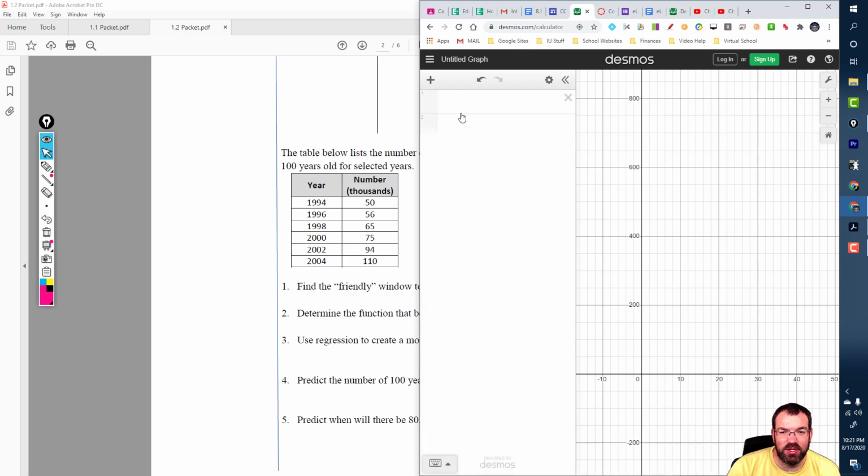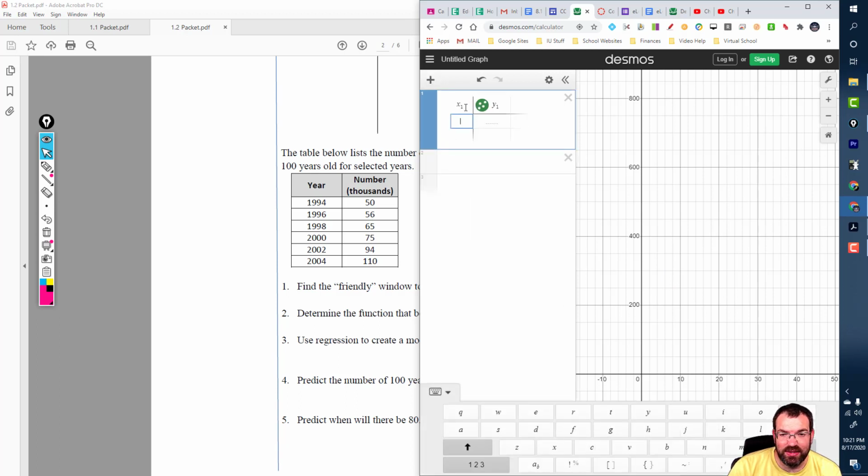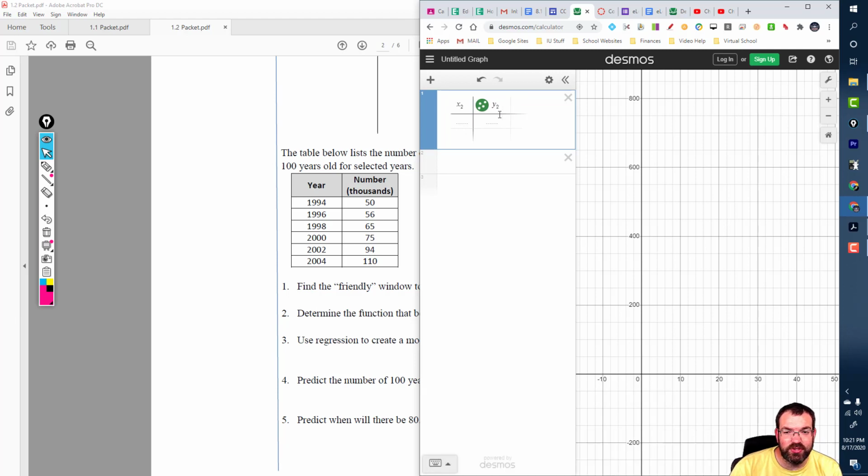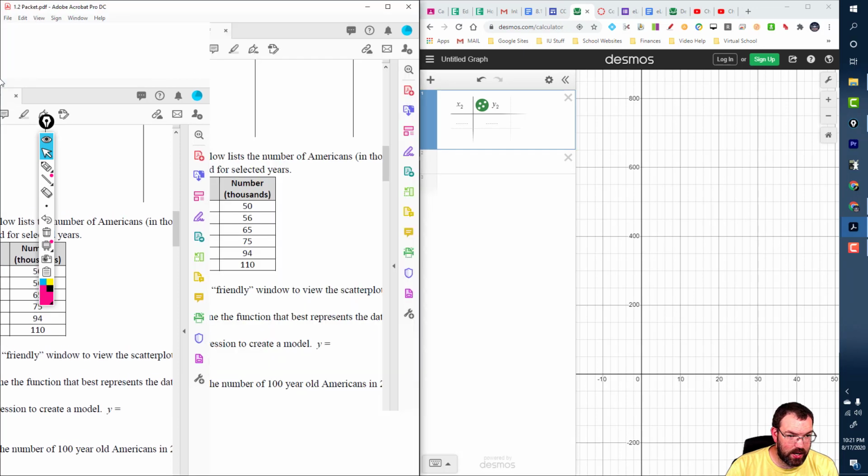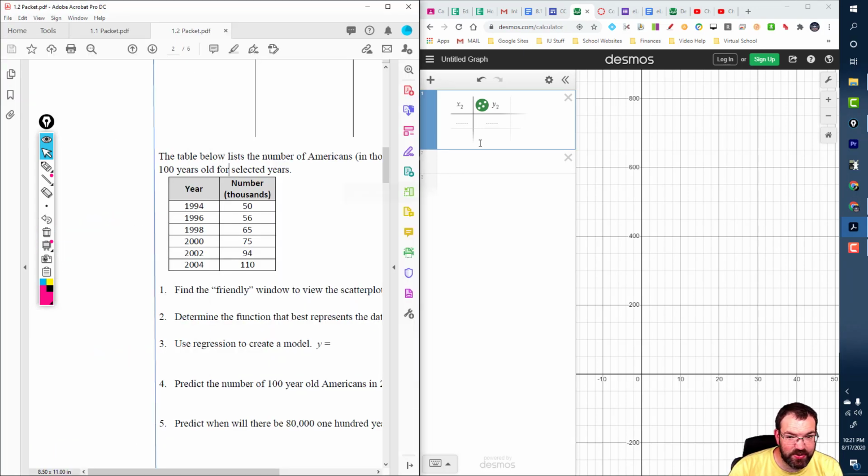Now, I'm going to make a table, and you're going to see that this x sub 1 and y sub 1 is there. So that stayed the same. That's great. Sometimes they don't. Sometimes this number is a 2, and this number is a 2. So I'll use this right here. Sometimes it'll change, so I'm going to show you how to do that and deal with it. Here we go. Let's type this in.